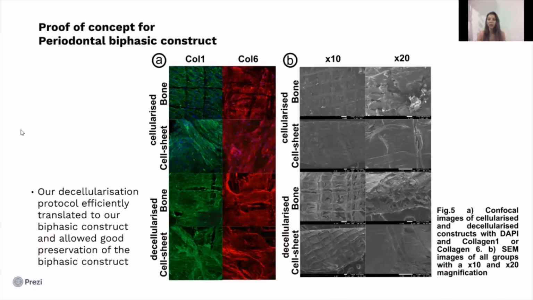So when looking at both the confocal and the SEM images, we could see that we had efficient cellular removal, and we also had a good preservation of the extracellular matrix and the overall structure of our construct. So our decellularization protocol efficiently translated to our biphasic construct.